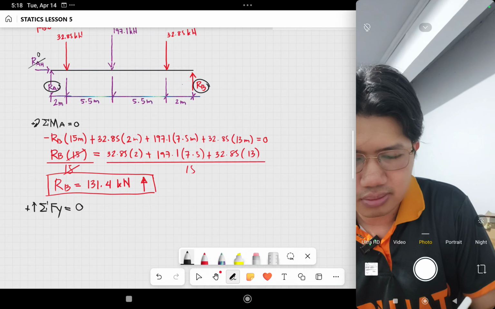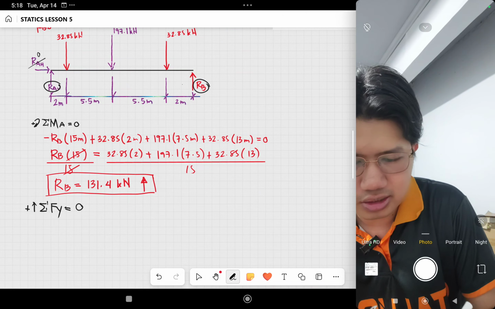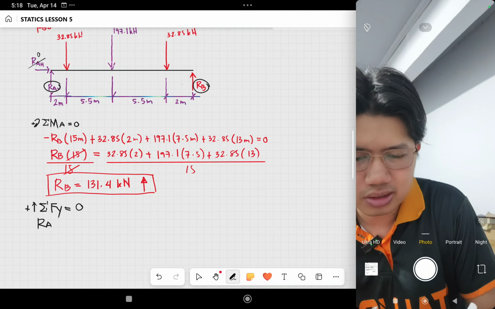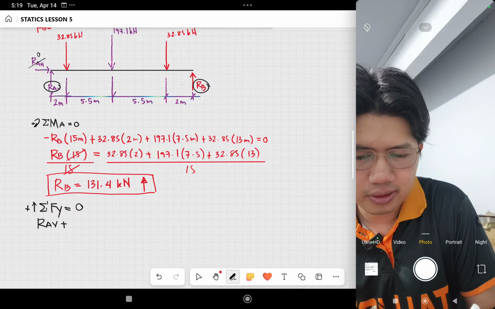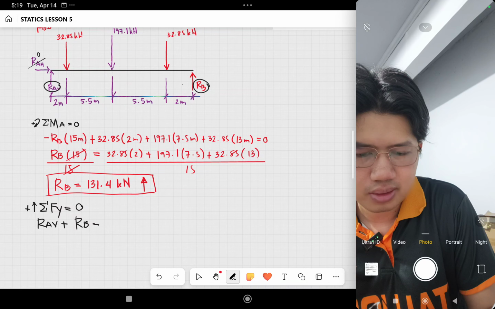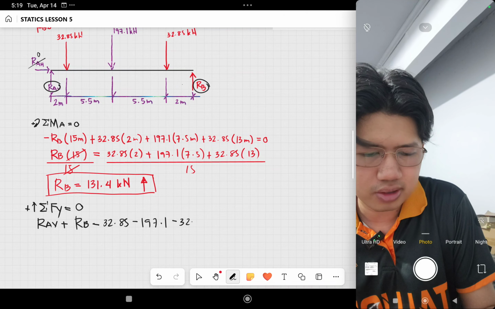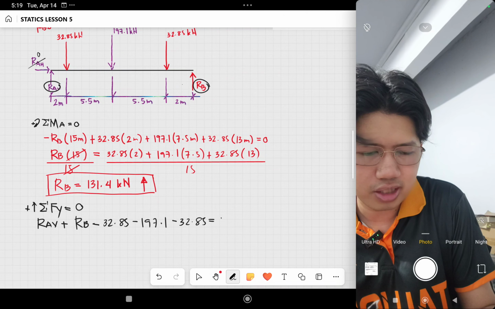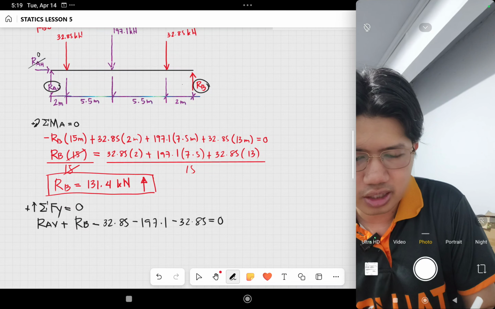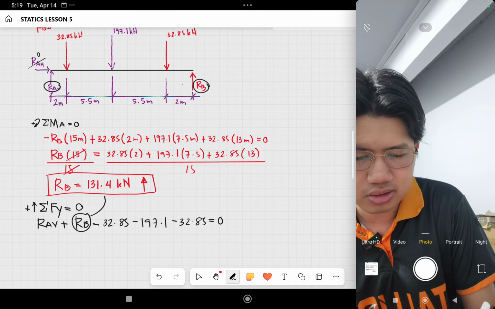So, yung unknown ko na lang is RAV, no? And then plus RB minus 32.85 minus 197.1 minus 32.85. Equate that to 0 and substitute natin yung RB dito.